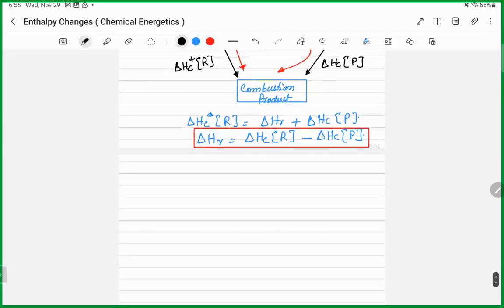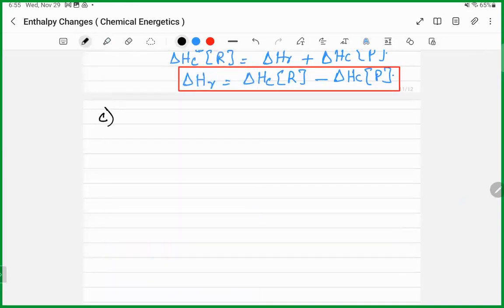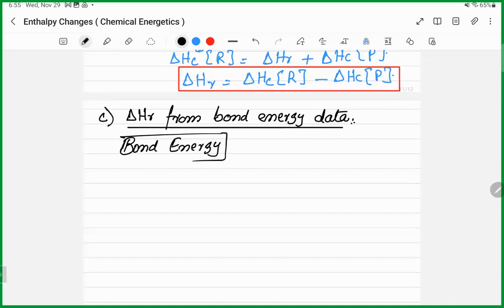One more, as you can see, the last concept, the C1, C bar, which is delta HR from bond energy. ठीक है, and before I start this, I have to define bond energy. What is the bond energy? Bond energy क्या होती है?